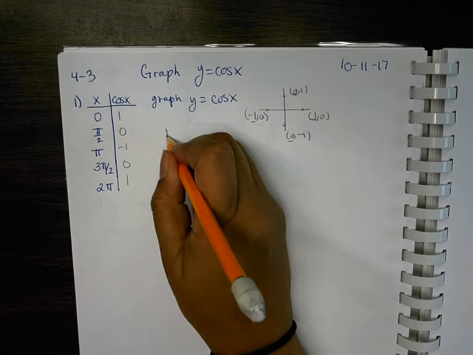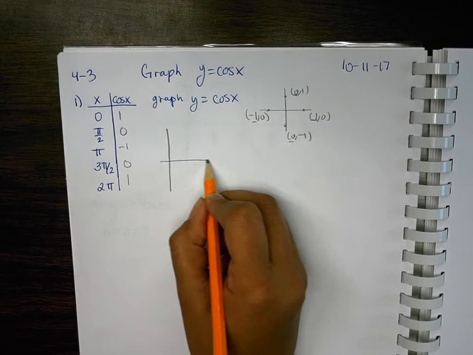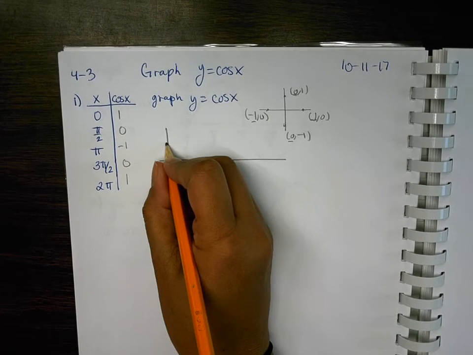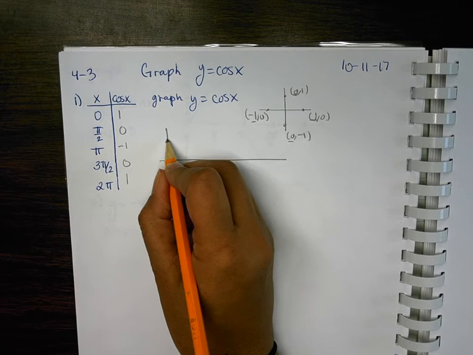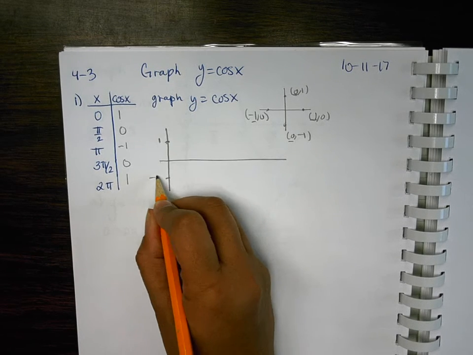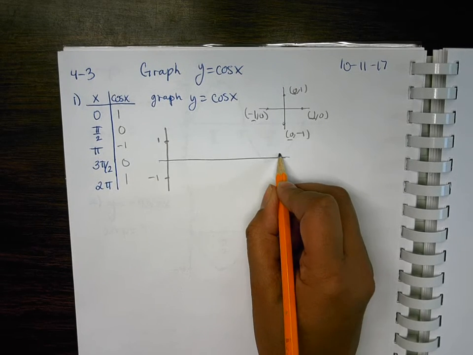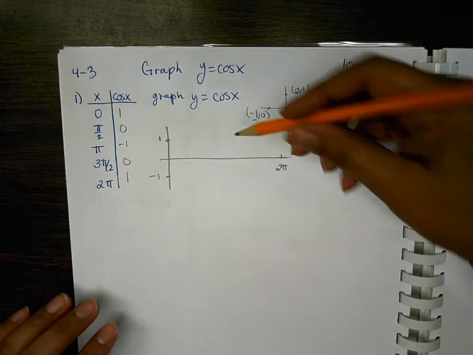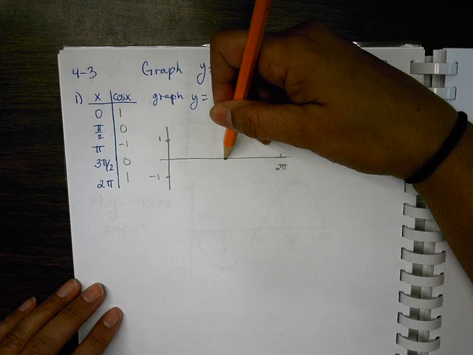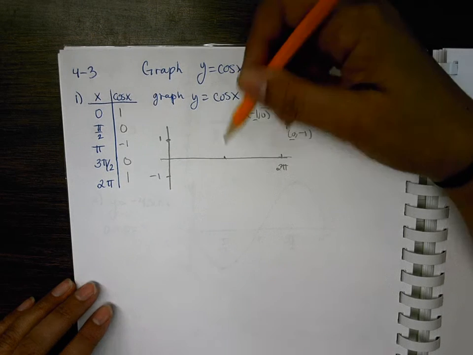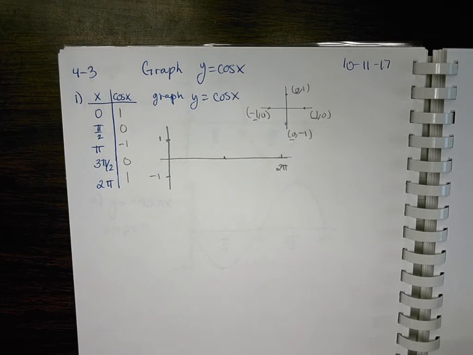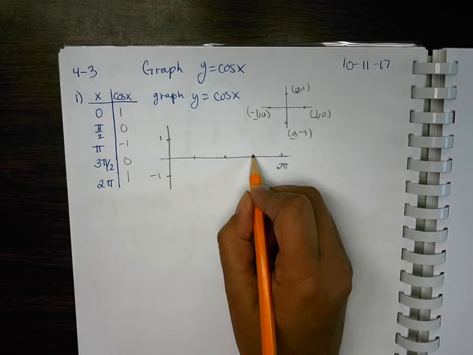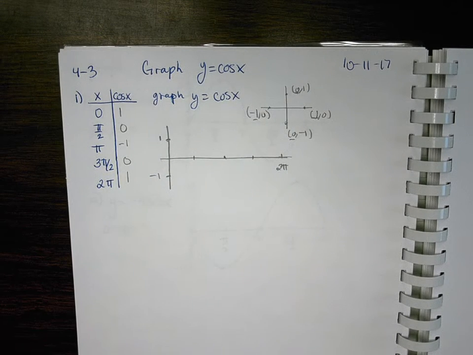All right, so let's go ahead and get our graph set up. 1, negative 1, and you do have to label that. 2 pi, and then I try to get you guys used to cutting things in half, because when we do shifting and the periods change, it's good if you know how to do this cutting in half and finding the patterns.